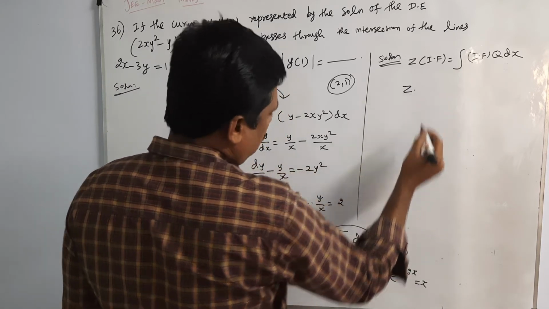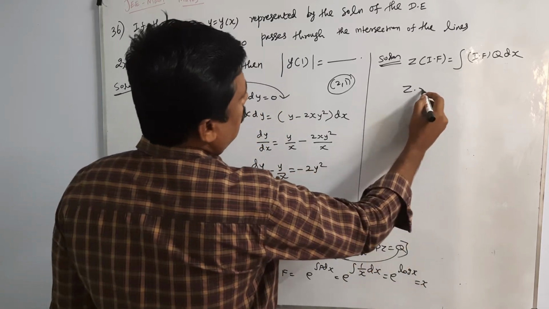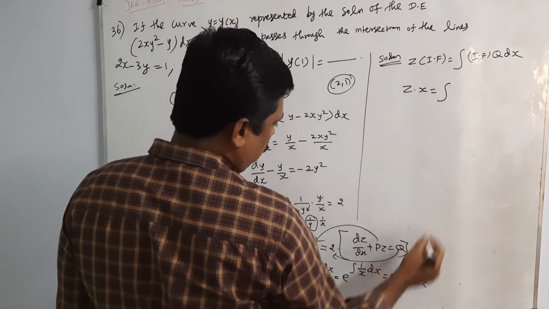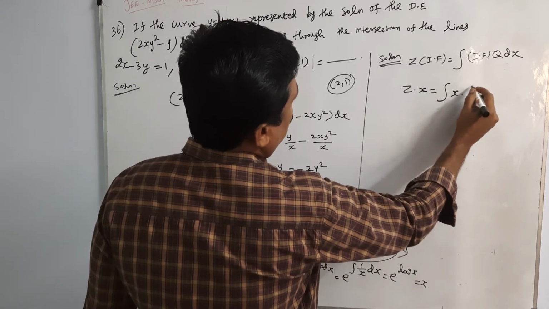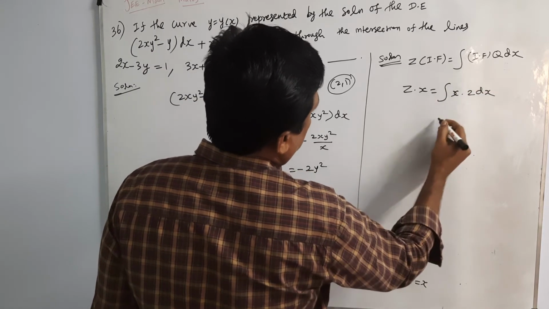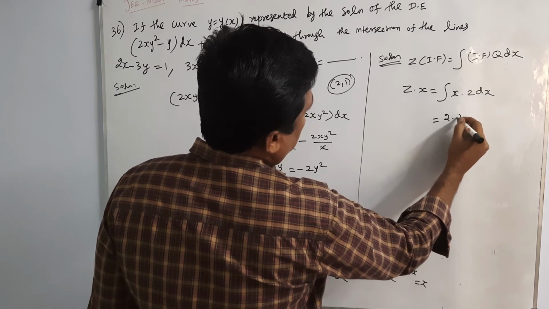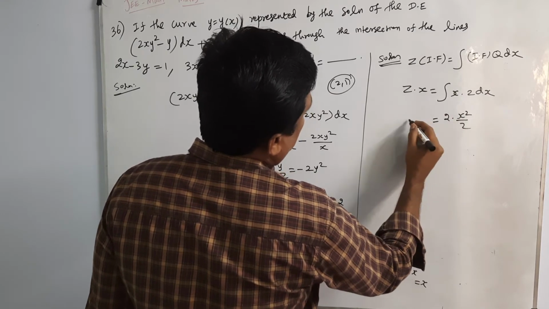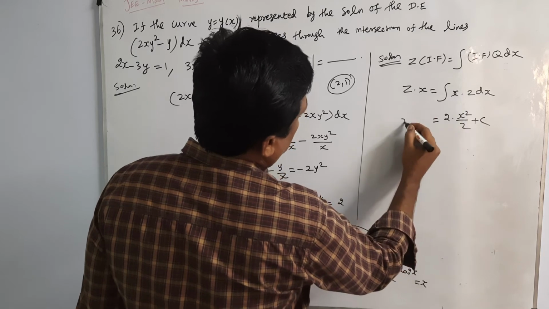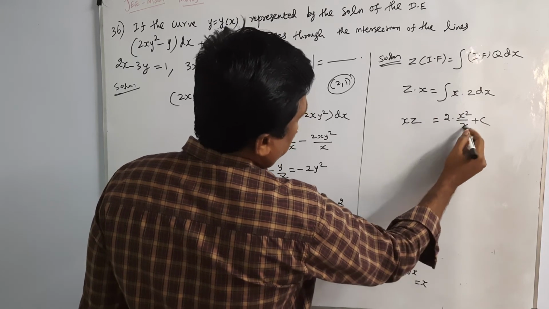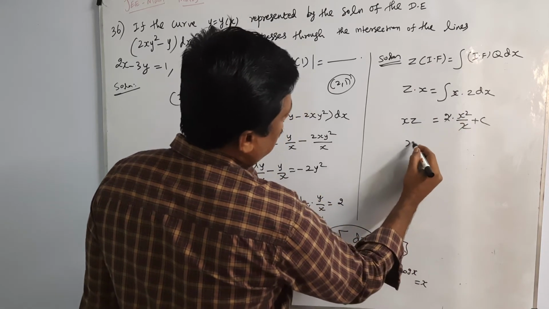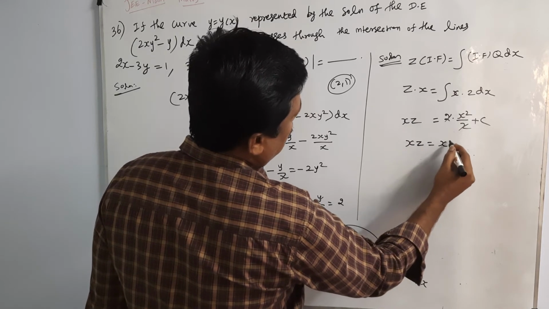So z into IF is x, integration of IF is x, q is 2 dx. So this is 2 into x squared by 2 plus c. 2 to cancel, xz equal to x square plus c.